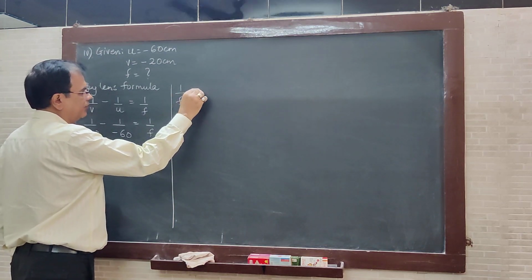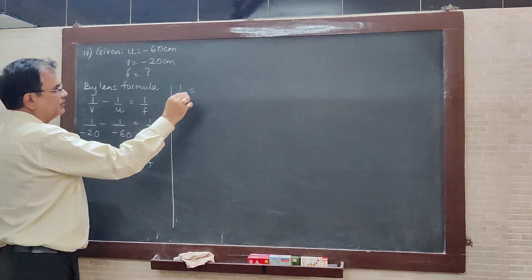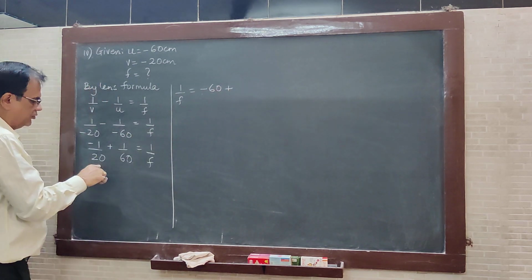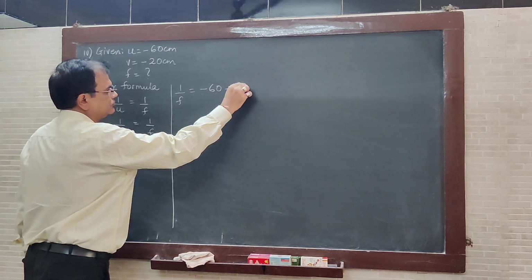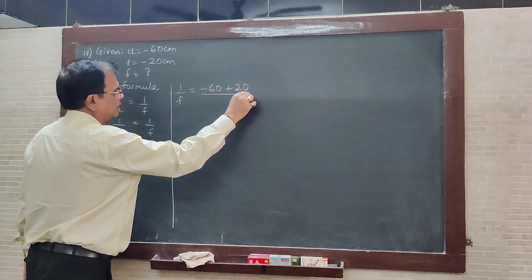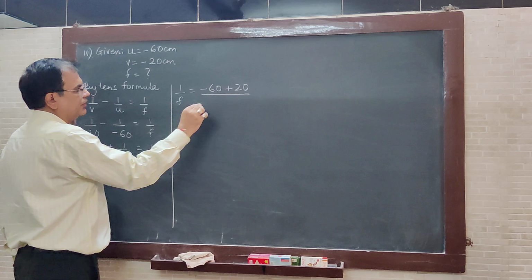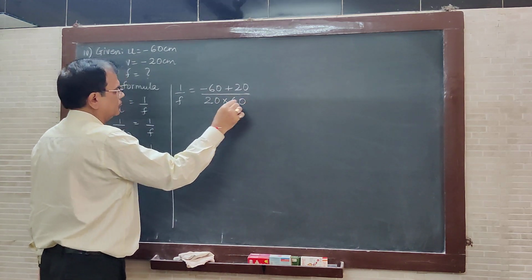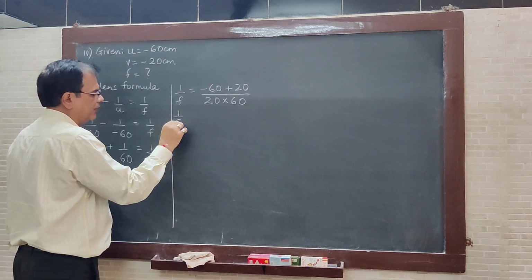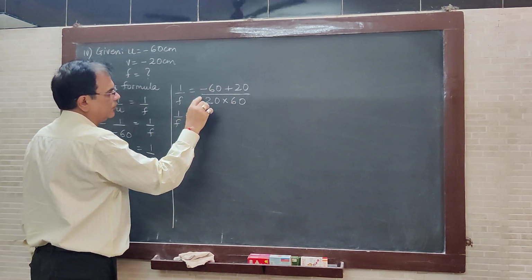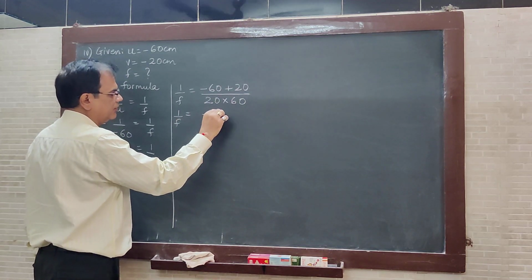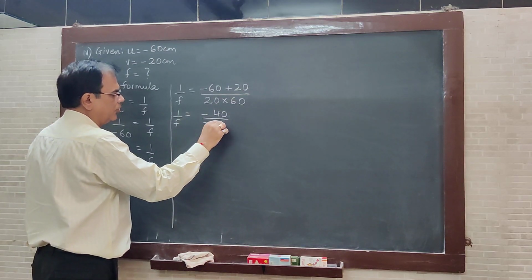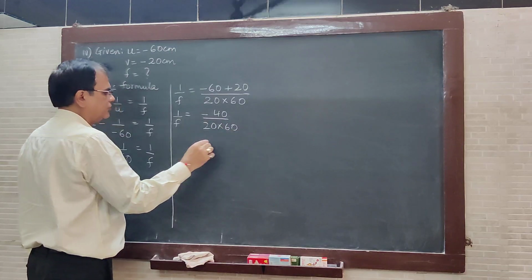So 1 upon f is equal to minus 60 plus 20 upon 20 into 60, which will give you minus 40 upon 20 into 60.